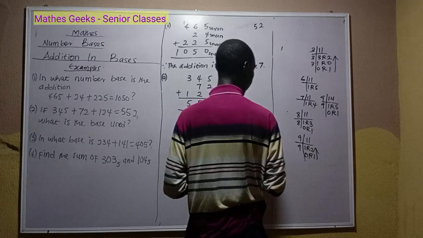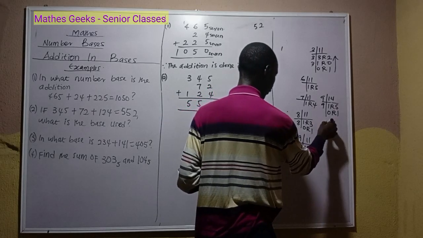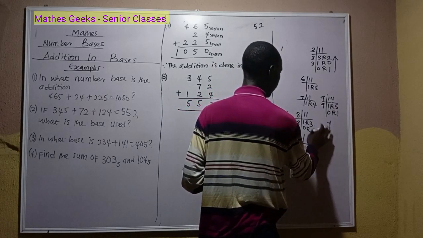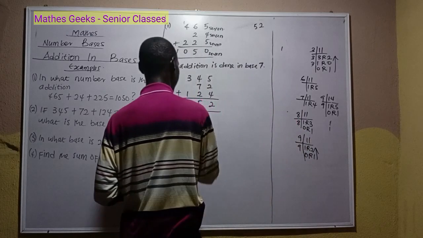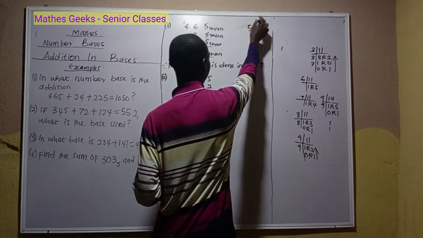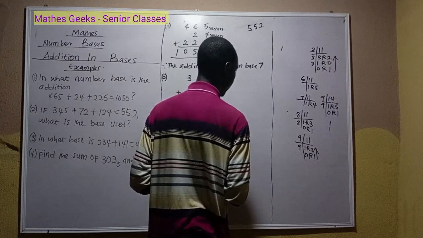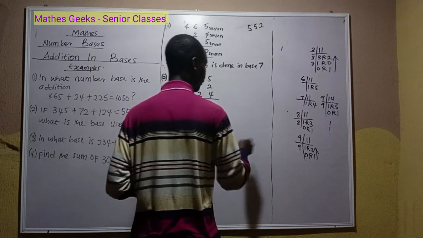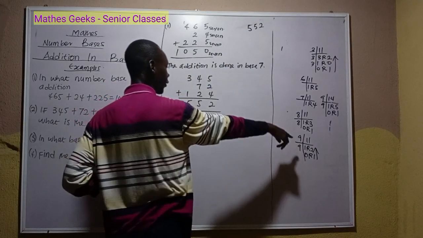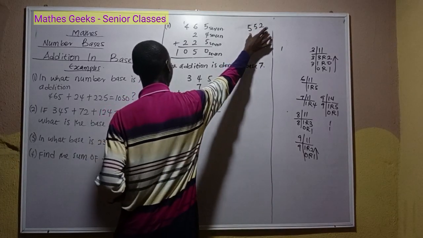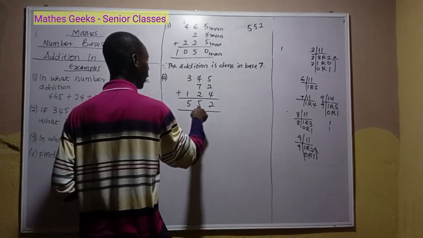So let me see. 5 in base 9 is 5. Okay. So write the 5. 5, 5, 2. So it shows that this addition was done in base 9. When I carried out the addition in base 9, I got 5, 5, 2. And what you have here is also 5, 5, 2.